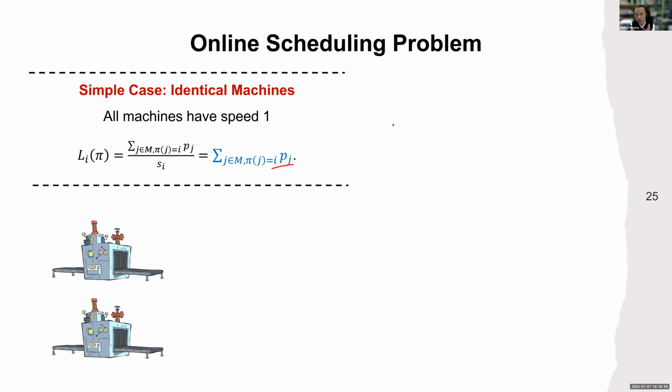So here, we assume that all the jobs arrive at the beginning, at time 0, but they have an order. At time 0, all the jobs arrive, but they arrive in some order. Whenever some job arrives, you have to allocate it immediately.